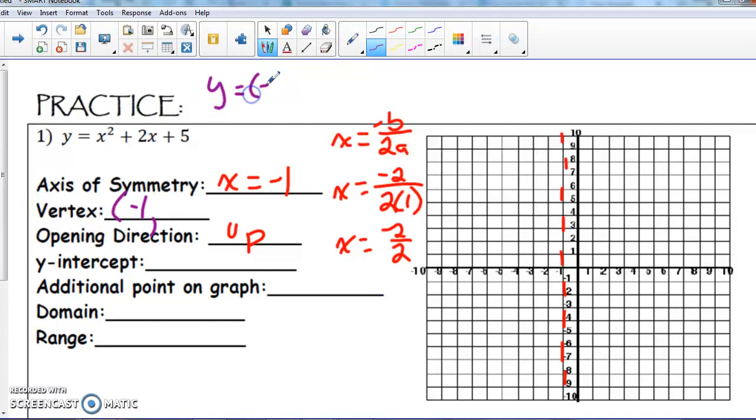So I have negative 1 squared plus 2 times negative 1 plus 5. And again, I don't care if you use your calculator. I don't care if you want to work this out by hand, but one way or another, you need to come up with the fact that your y value should be 4. So my vertex is at (negative 1, 4). So I'm going to show that on my graph. So (negative 1, 4) is right about here.